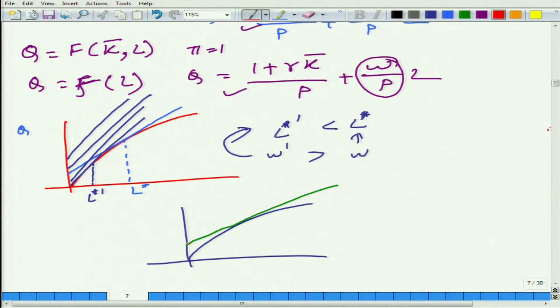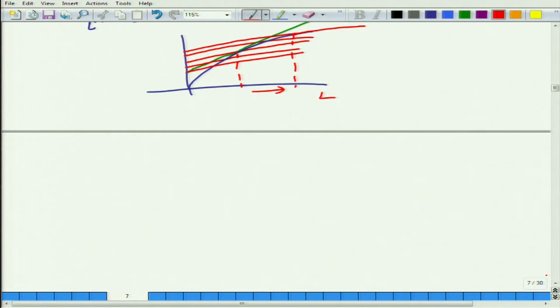Look at this ISO profit line, what will happen? It will become like this if it is becoming flatter. So, of course, this company can make more profit by increasing, it will be producing at this point. So, earlier we were at this point. So, there is an increase in labor, and thus output will also increase.